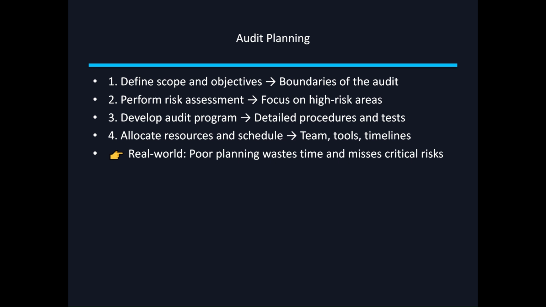Let's say there's an application which needs to be audited. Without scope, we won't be able to understand the area of focus. Or let's say an organization has a lot of different departments, and we want to audit.